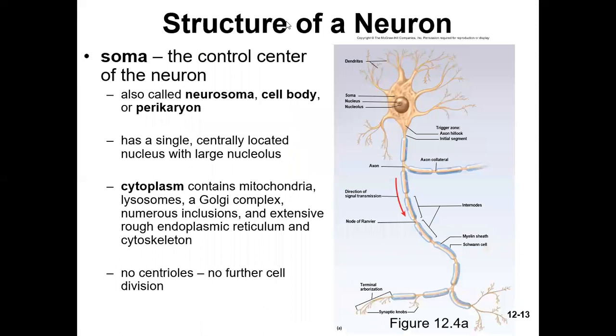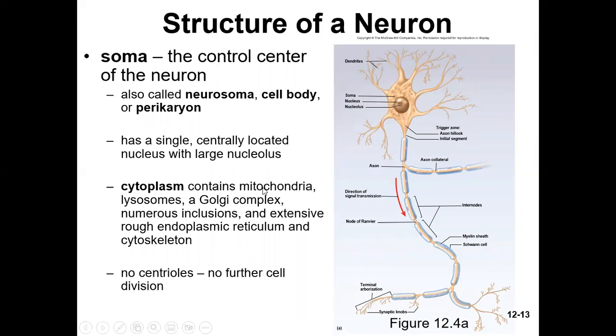When we look at the structure of a neuron, we have to talk about some common parts that we will see. And even after we find the common parts, there are going to be some different shapes of neurons that we'll explore. So the soma, this is the cell body, also called the neurosoma or the perikaryon. It has a centrally located nucleus with a large nucleolus.